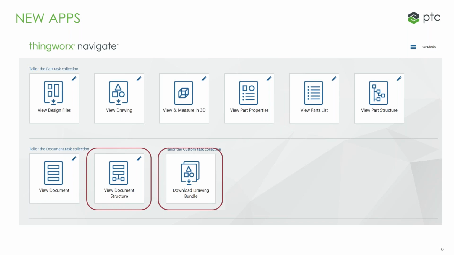So here I'm looking at the Navigate front end. It's a web front end. As an administrator, I can go in just through this simple interface and edit the visibility of any of these apps for the roles within their company. So some people can have visibility to all of these, some people can have visibility only to the ones that they functionally need.